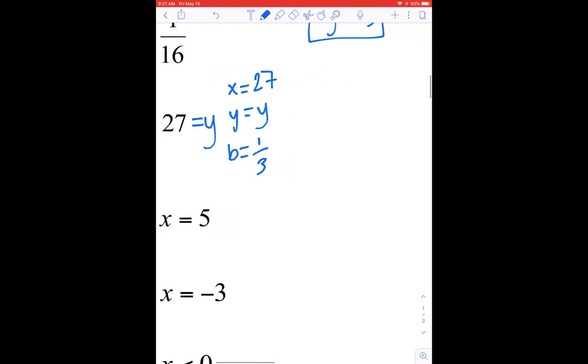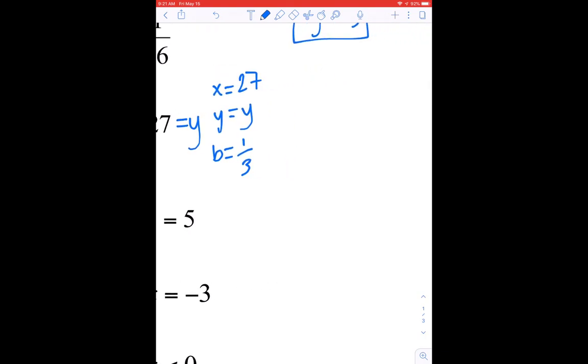We're going to rewrite it. Base 1/3, b to the y, 1/3 to the y power equals 27. And I know that I need to flip it to make it 3 to the something power.